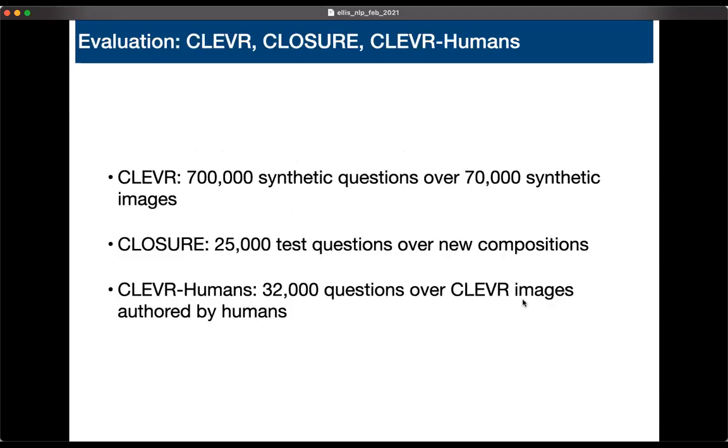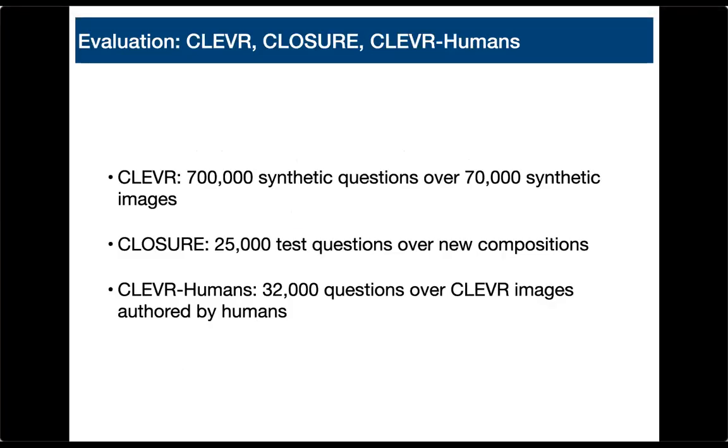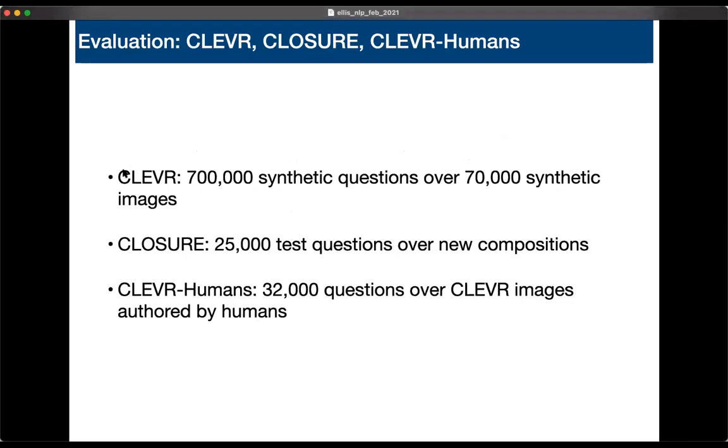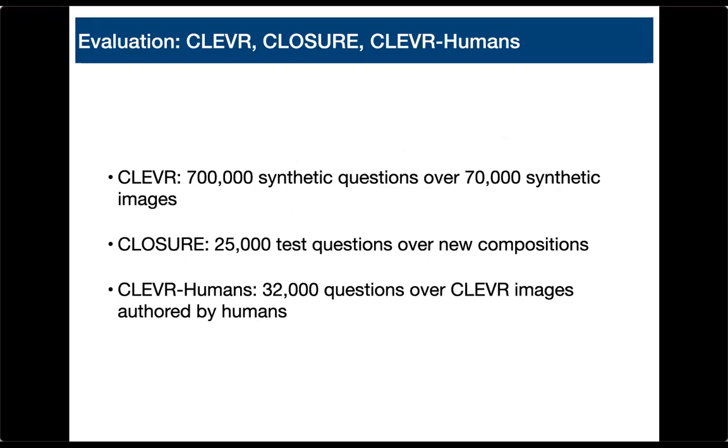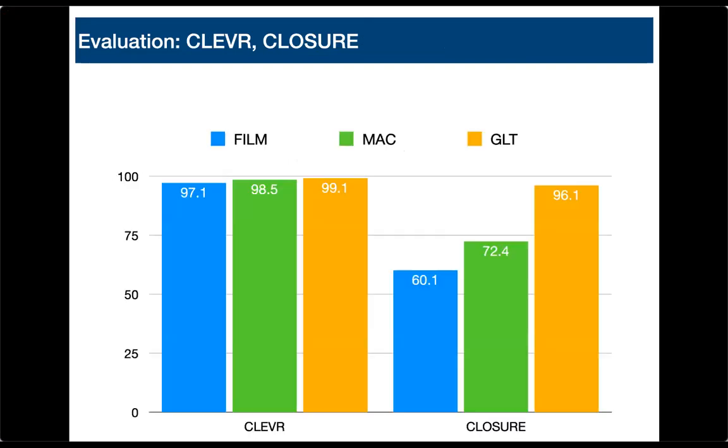Then if we look at actual visual question answering, which is CLEVR, a bunch of synthetic questions over synthetic images, and CLOSURE, which is a compositional split where you get new compositions at test time, we see a pretty similar phenomenon. For the random split, our model does quite well, as do previous works.